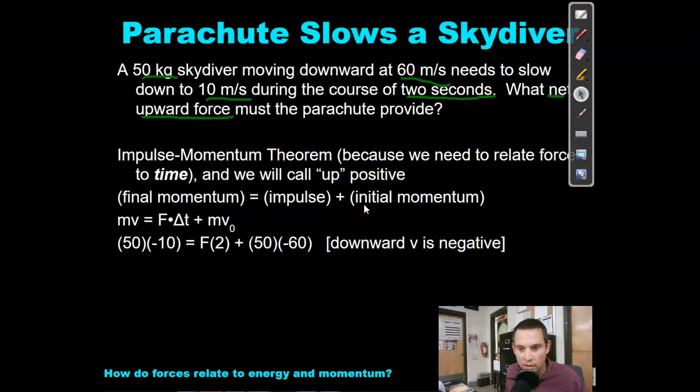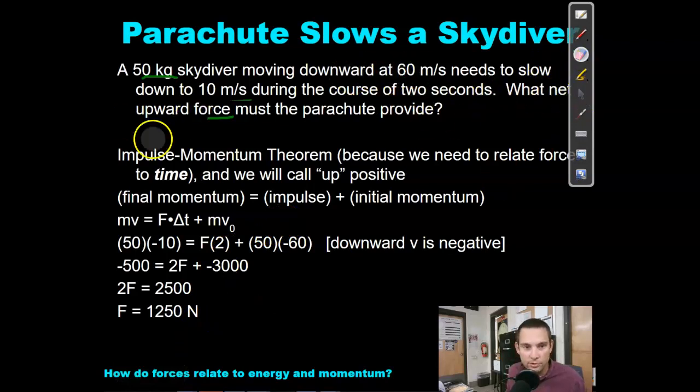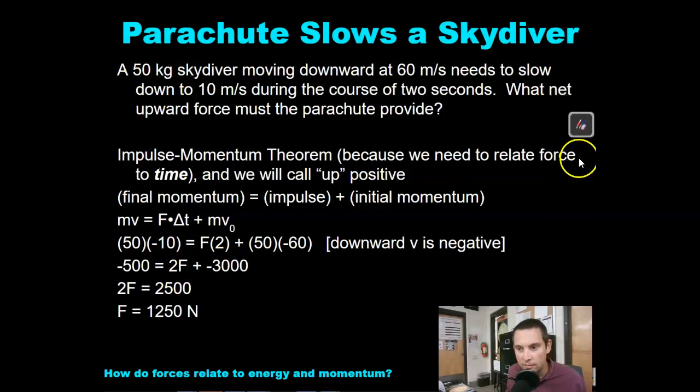Plugging in where downward velocity is negative, our initial velocity is negative 60, and our final velocity is negative 10, will give us a force of 1,250 newtons. So that's the impulse momentum theorem. You can see the temptation to use kinematics, those motion equations, because that's what you learned first.